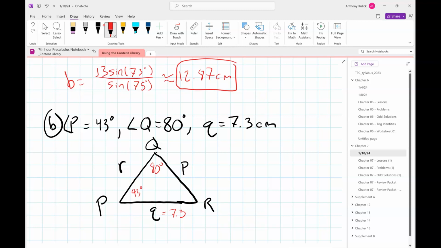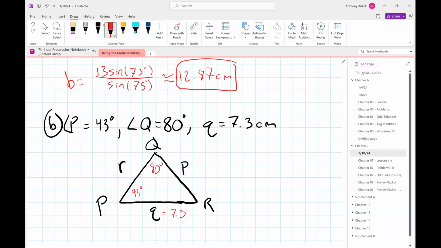So I'll go ahead and write in my values that I was given and then ask myself, what situation is this? Which one of the 5 situations is this?